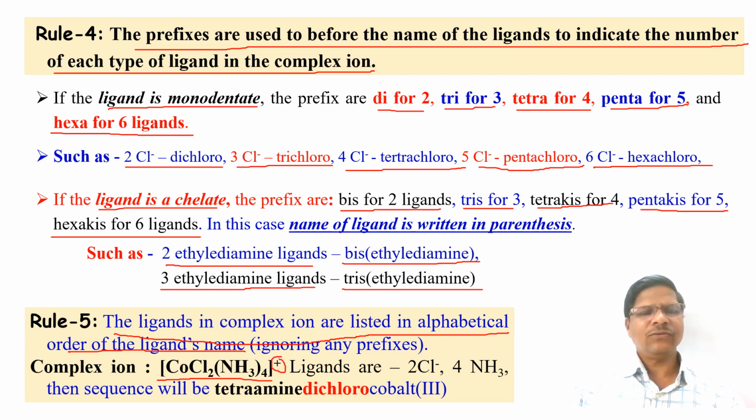Okay. So this is the complex ion with two types of ligands, chloride and ammonia. So alphabetically, ammonia is first, amine, A, and then chloride, C, chloride is later. So we'll write down tetraamminedichlorocobalt(III). Okay, so alphabetical order is followed in writing the names of the ligands.